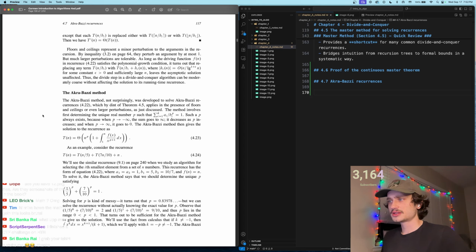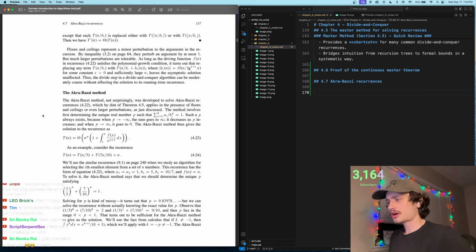As an example, consider the recurrence T(n) = T(n/5) + T(7n/10) + n. We'll see the similar recurrence 9.1 on page 240 when we study an algorithm for selecting the ith smallest element from a set of numbers. This recurrence has the form of equation 4.22, where a_1 = a_2 = 1, b_1 = 5, b_2 = 10/7, and f(n) = n.